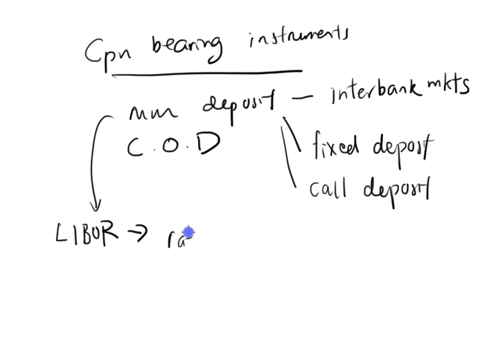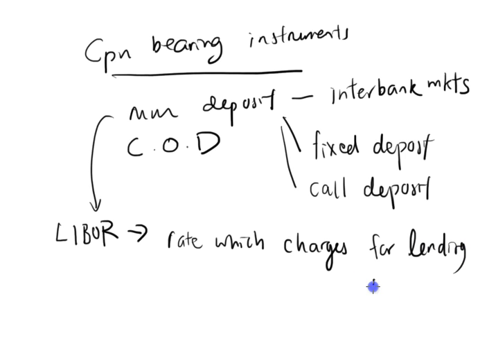It's the rate which a bank charges for lending money. So the full term of LIBOR is the London Interbank Offered Rate. Often money market deposits quote their rates based on the LIBOR rate.